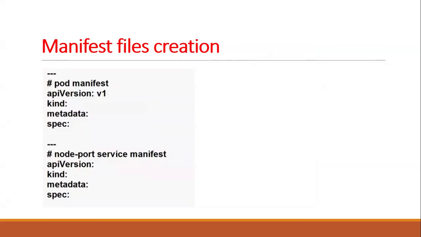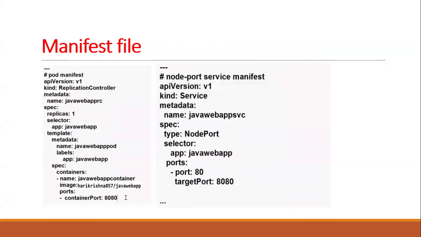The node port service manifest file also has API version, kind, metadata, spec. For the replication controller, kind equals ReplicationController, name equals Java, replicas equals 1, selector equals app Java, then the template with labels. Labels and selectors are the main part. This is the spec, and this is the service one.